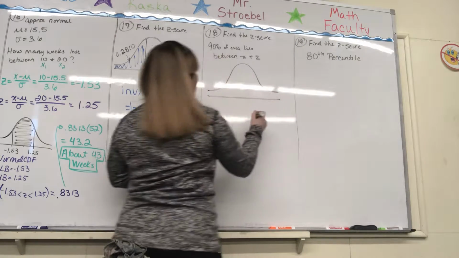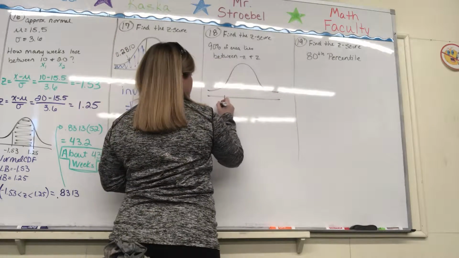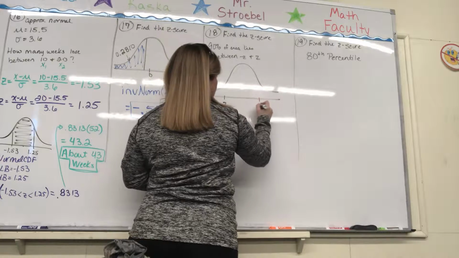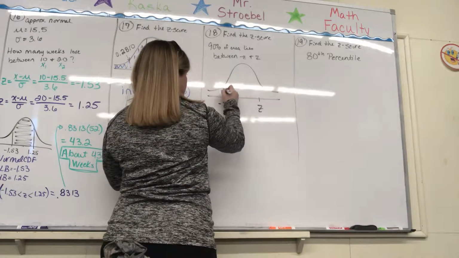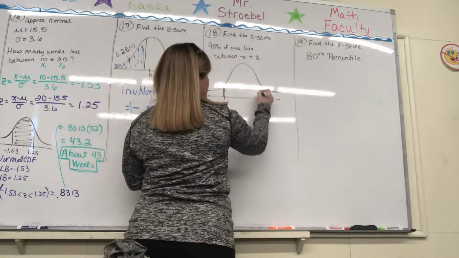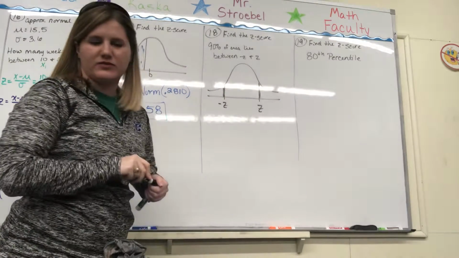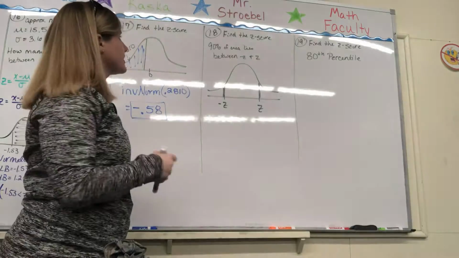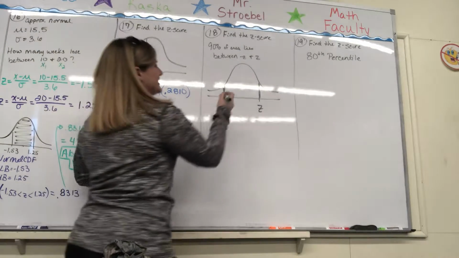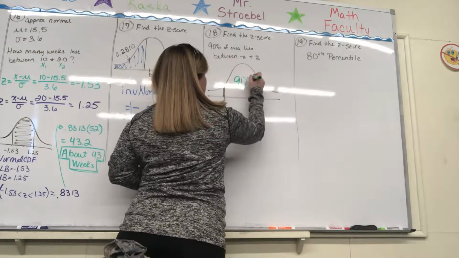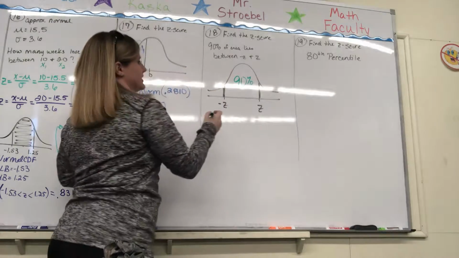Visualizing, lies between, there's negative z and positive z, so between these two. And again, it doesn't have to be perfect visually, okay? 90% lies between here. Whew, that's a lot.